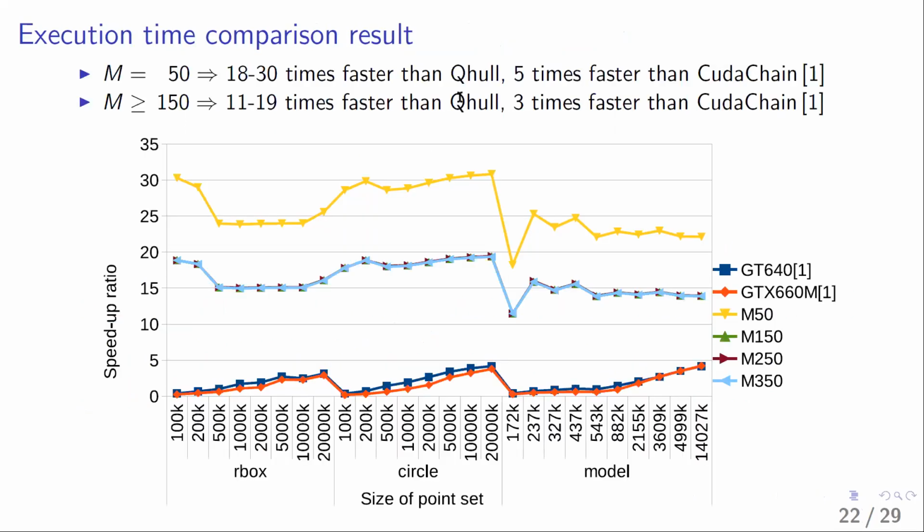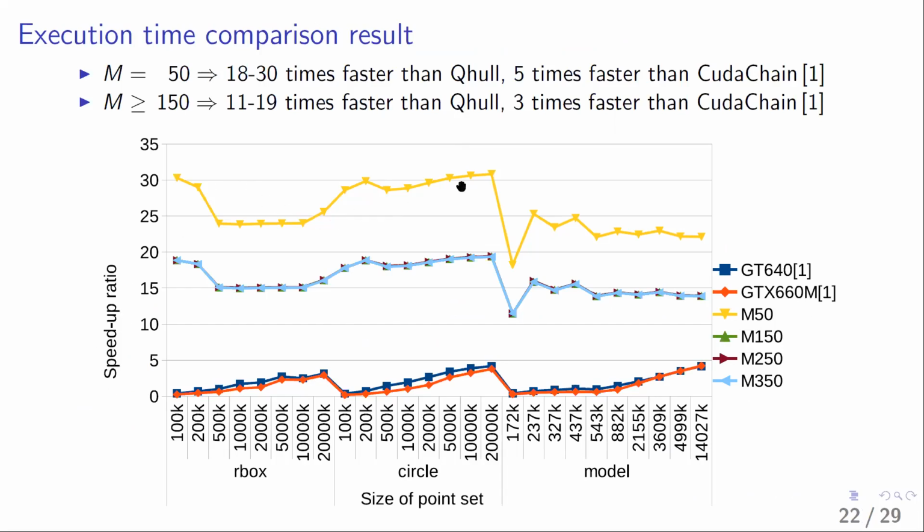This is a comparison result of execution time. The horizontal axis of the graph is the 26 types of point sets and their sizes. And the vertical axis is the speedup ratio relative to Qhull execution.